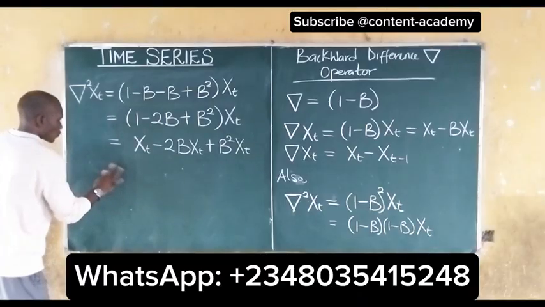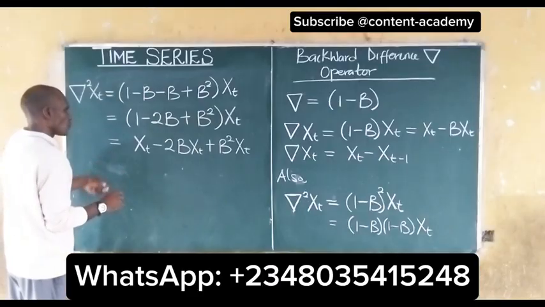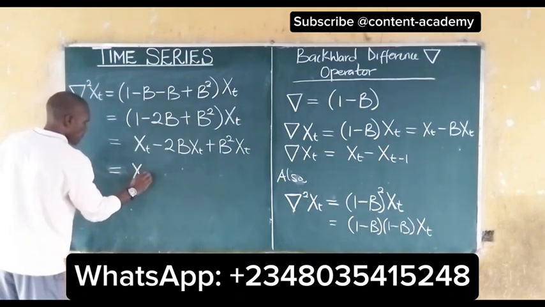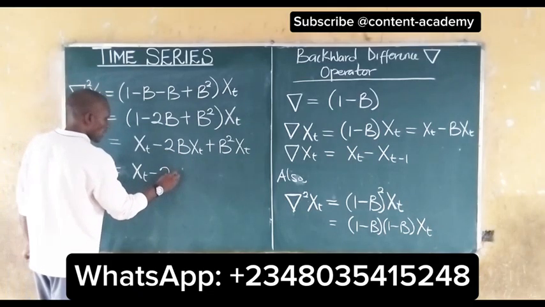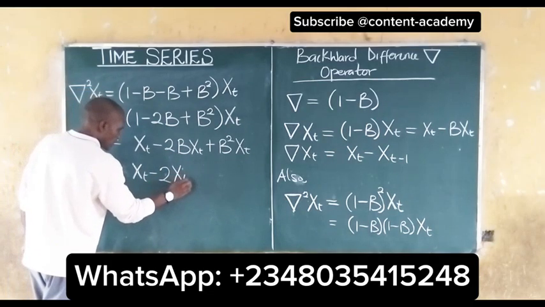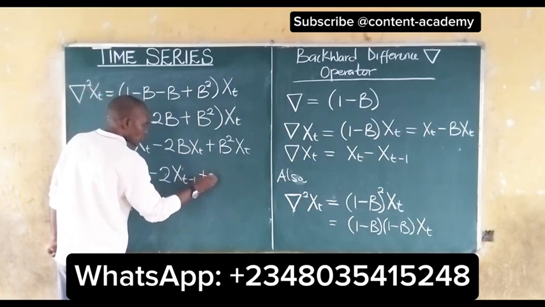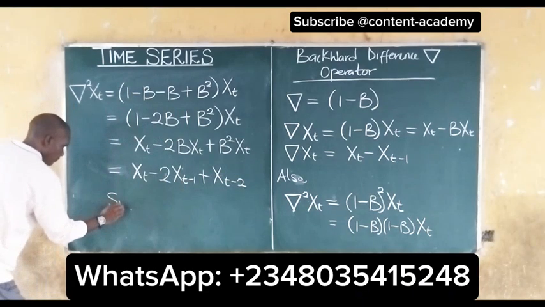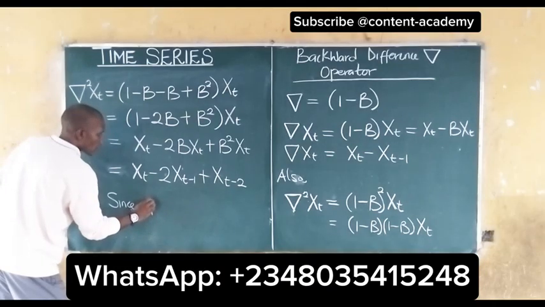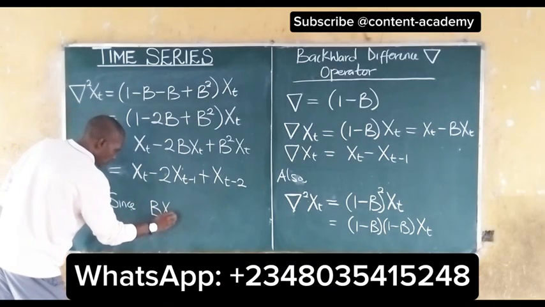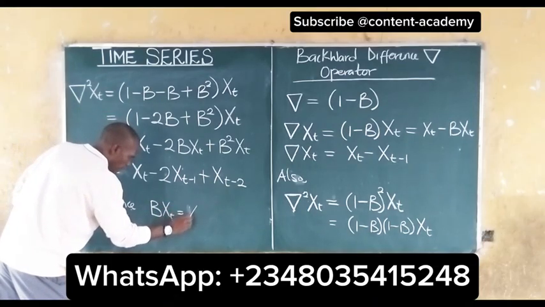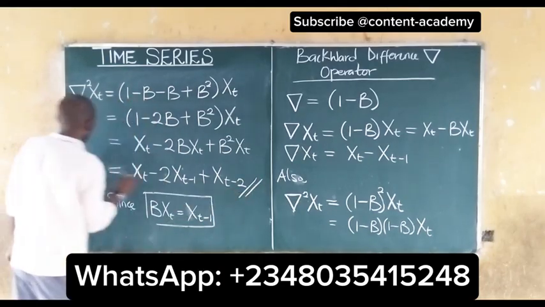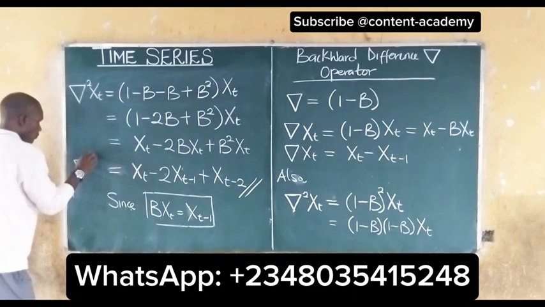From what we know, we already have X_t here, minus 2 X_{t-1}, because B X_t is equal to X_{t-1}, plus now we have X_{t-2}. So this becomes our expansion for this operator.